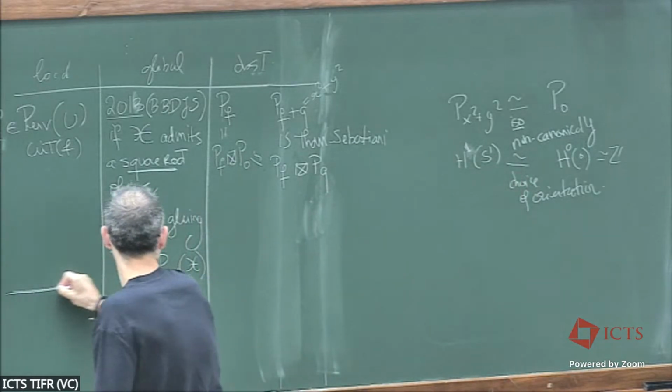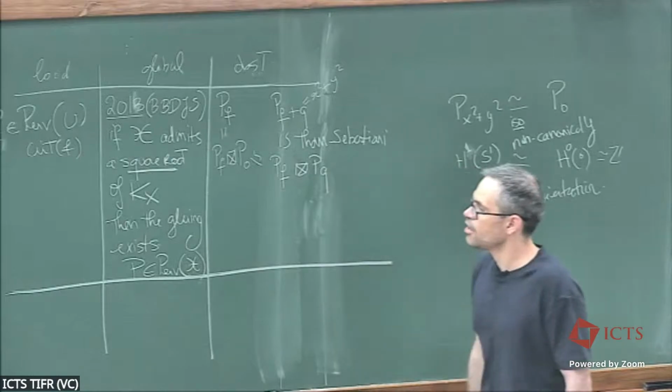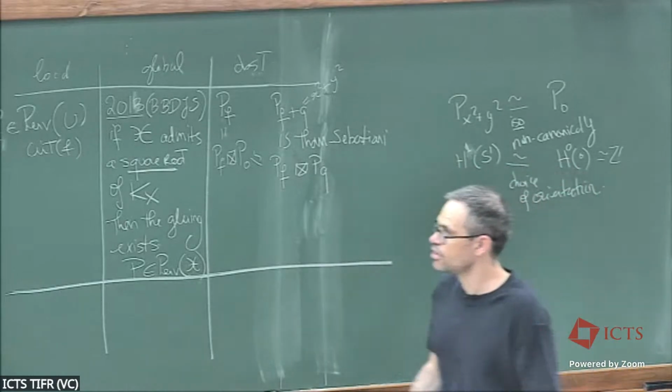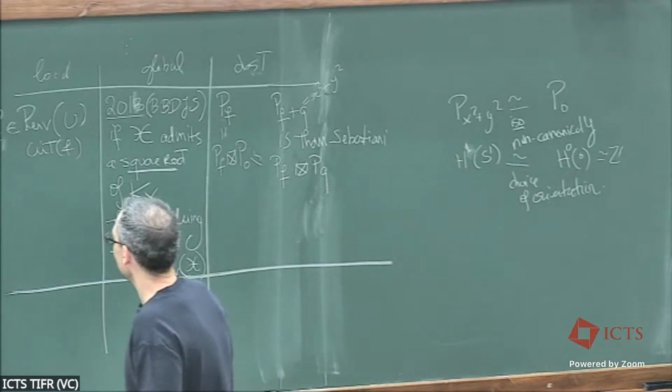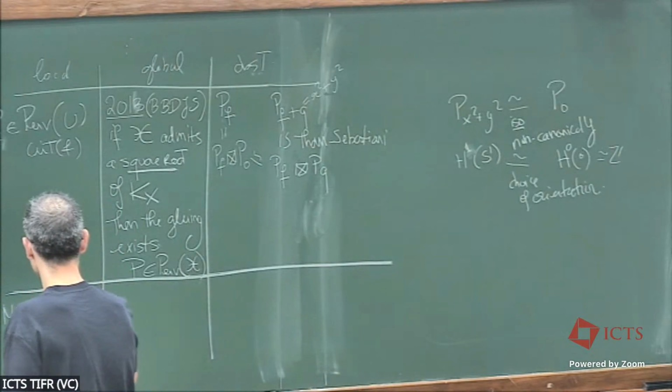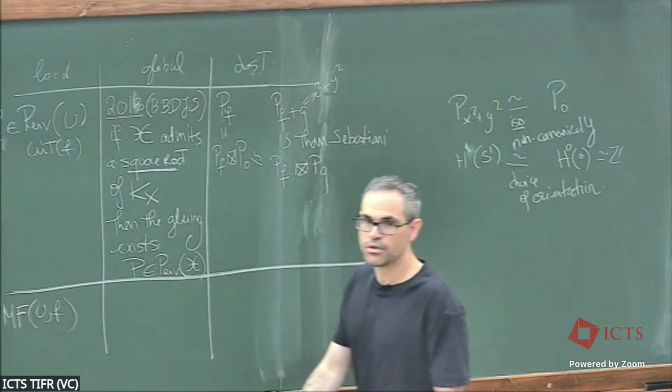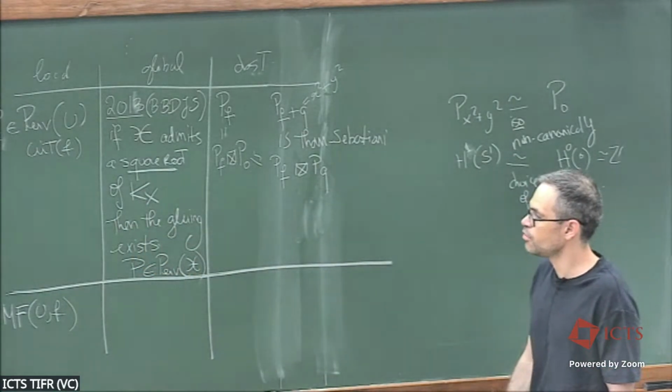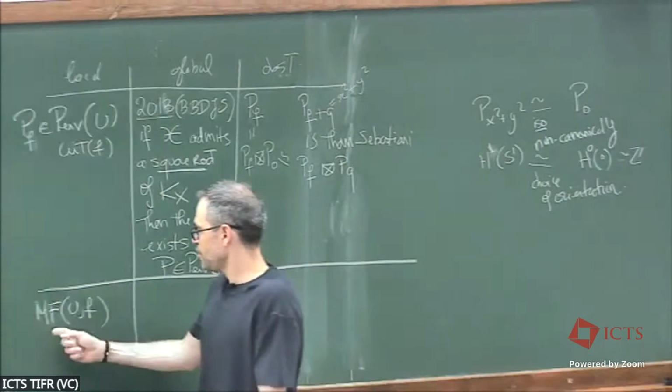Okay, so now, very last example I want to give that will bring me to the subject of my talk. Another invariant that you can extract, which I will not have the time exactly to define here today, but there will be other talks where you will see this in more detail, is the matrix factorization category.